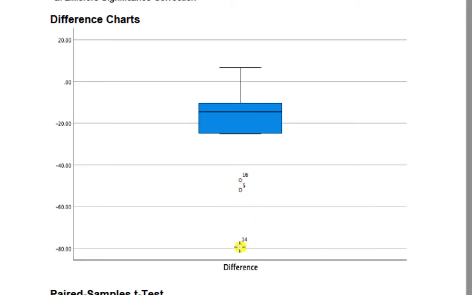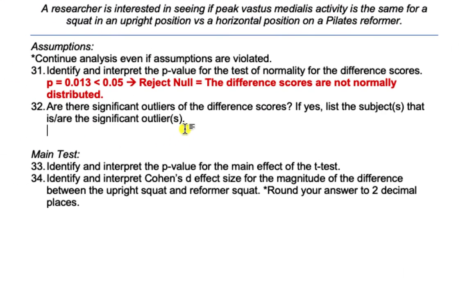If you have an outlier that has an asterisk, however, that would be greater than 3 times the interquartile range, so that would significantly impact the results of our test. Because there's an asterisk on this one, the number located next to that asterisk indicates the case number or the subject that is the outlier in concern. So for this one, we would be saying that yes, there are significant outliers, and the specific outlier is subject 14.